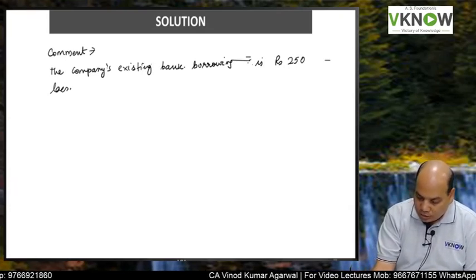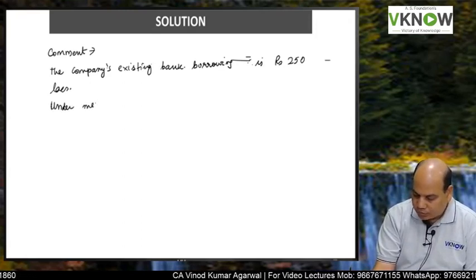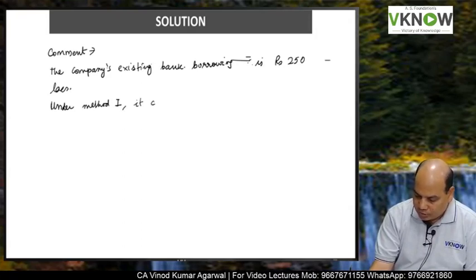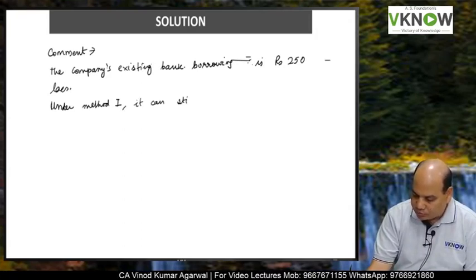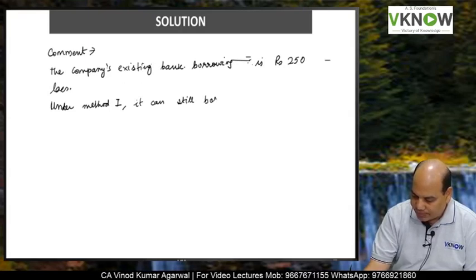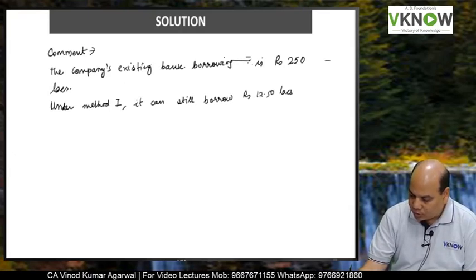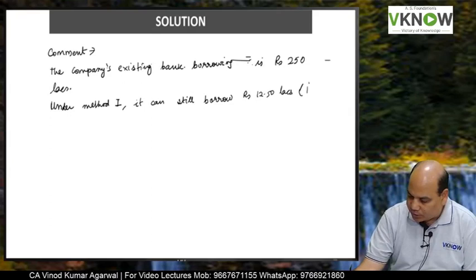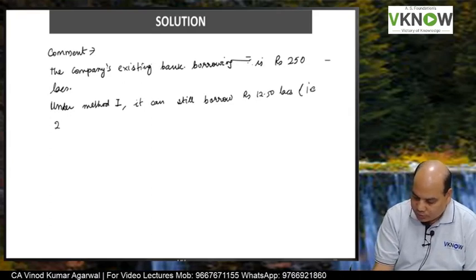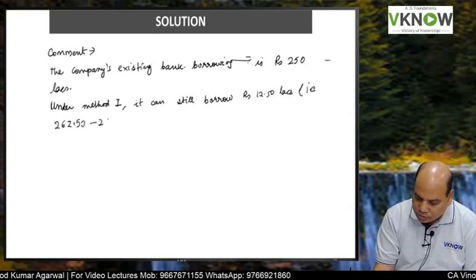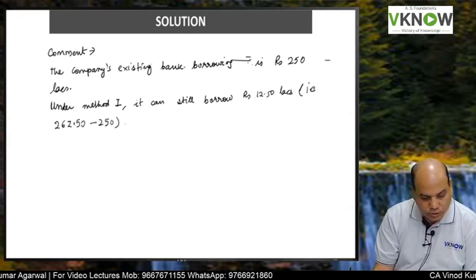Under method 1, it can still borrow rupees 12.50 lakhs. How did you get 12.50 lakhs? In bracket, that is 262.5 minus 250.